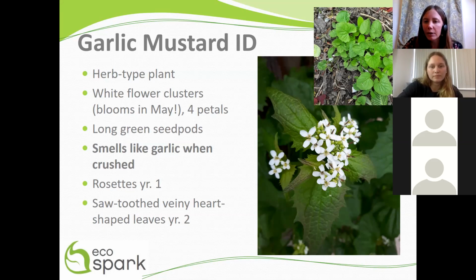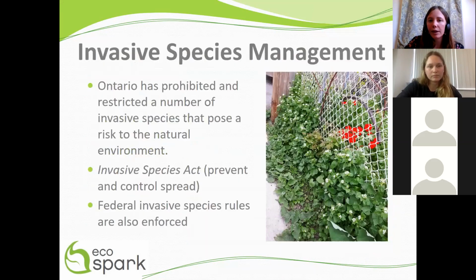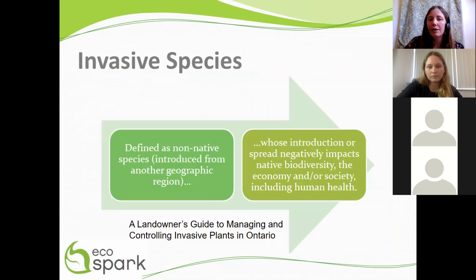I also have a question about poison oak and poison ivy, and are they native species? I think that's a great question. It's an important distinction that the invasive species definition has two parts. It has to be a non-native species, so introduced from another geographic region, and it has to be harmful.